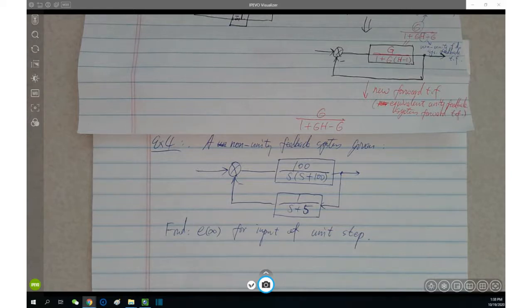Anyone got any result? All right, keep trying. Any other answer?